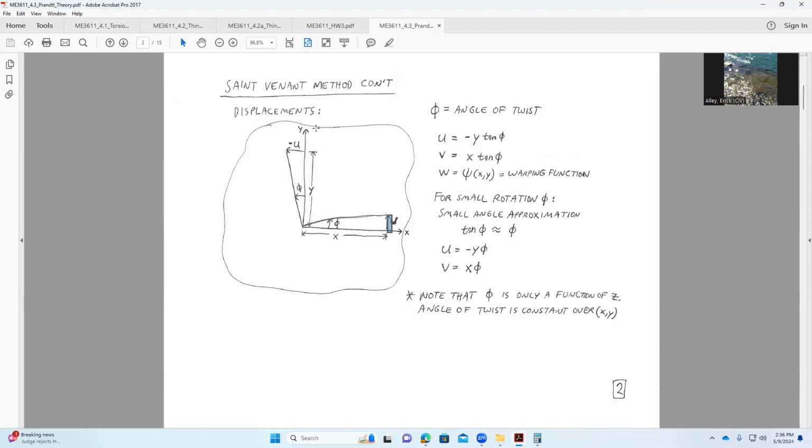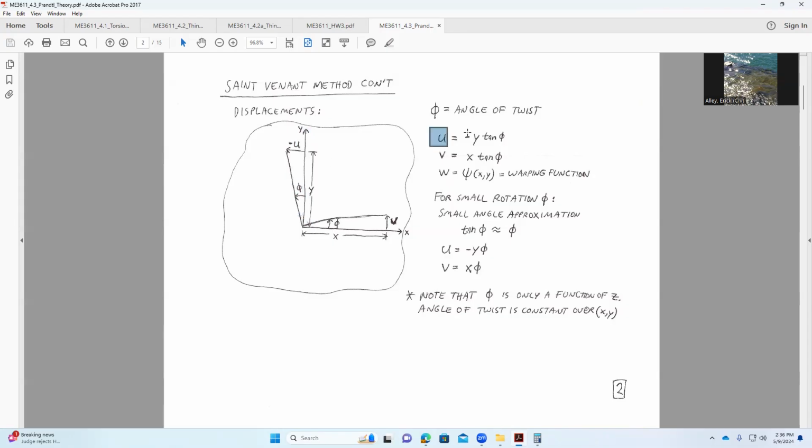And likewise, if I look anywhere along my y-axis, when this initially begins to rotate, I'm going to be moving to the left. So my displacement with a minus sign, since I can see I'm going to the left for a positive angle, negative u over y is also going to be tangent of that angle.